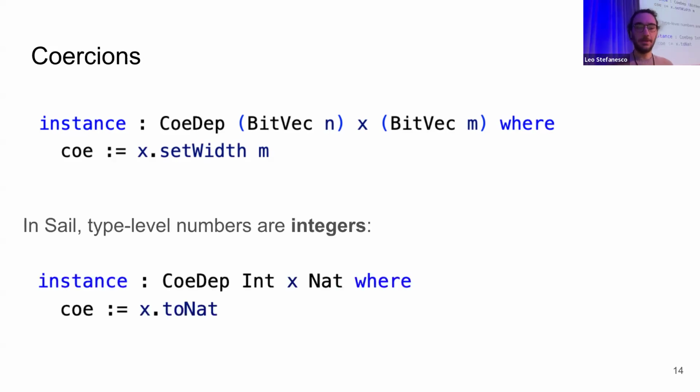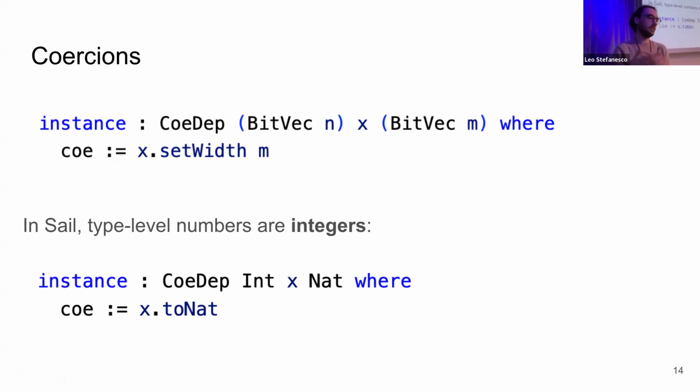Another problem is that in Sail, the type-level numbers, the tick n that we are seeing, are integers and not natural numbers. So we have this other coercion which says that if we have an int and we want a nat, we just do toNat, which takes the max of 0 and the actual integer.